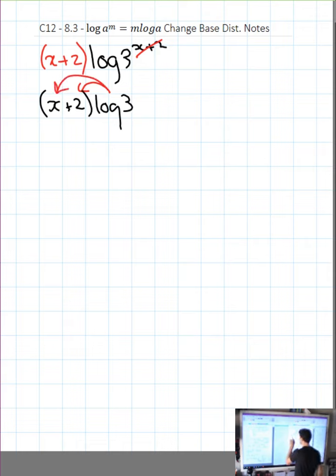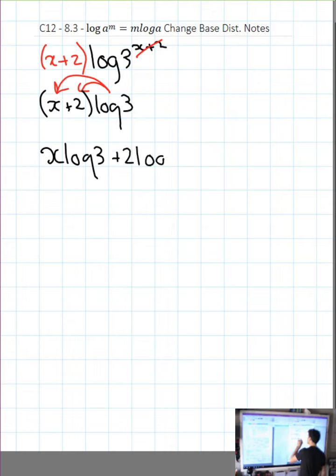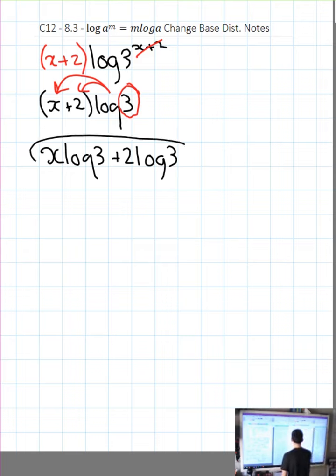So x times log 3 is simply x log 3, and 2 times log 3 is simply 2 log 3. Remembering, we cannot distribute into a log, but we can distribute a log into a binomial. So this is a simple version of a different way to represent the original question, and we'll be using it for all sorts of rules in the future.